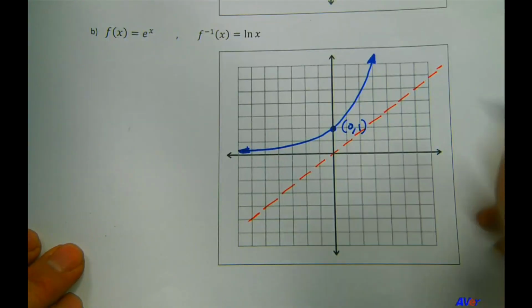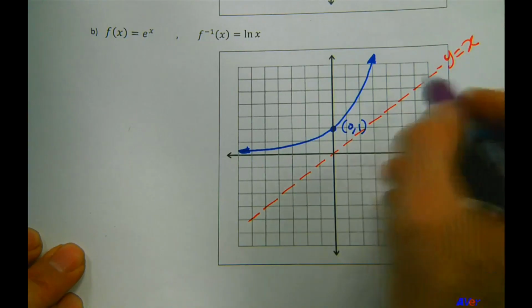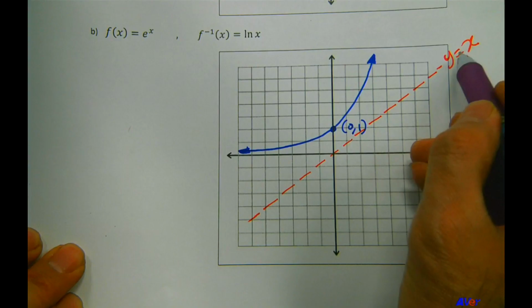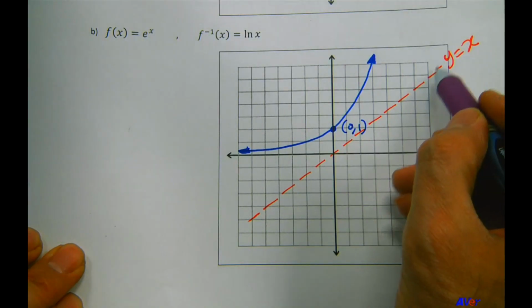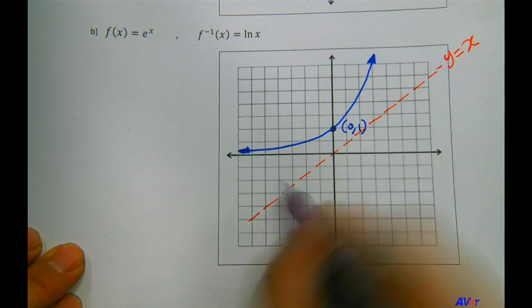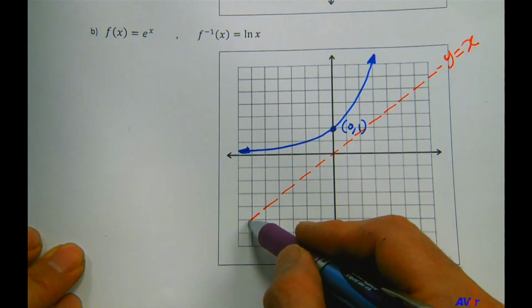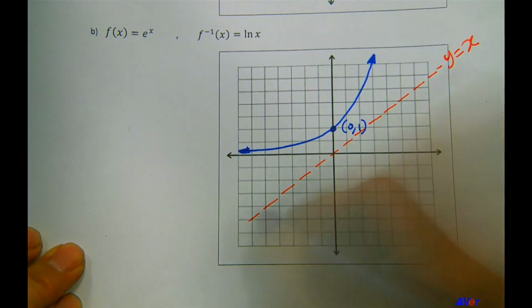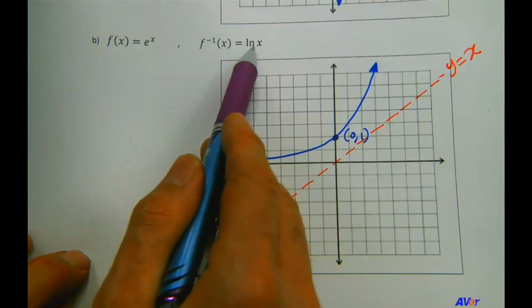So that dashed line is the mirror, y equals x, right? All points that have equal x and y coordinates are on this line. 9, 9, 10, 10, 100, 100, all of that. 2, 2, they're all on this line. -5, -5, -10, -10. That's the mirror.